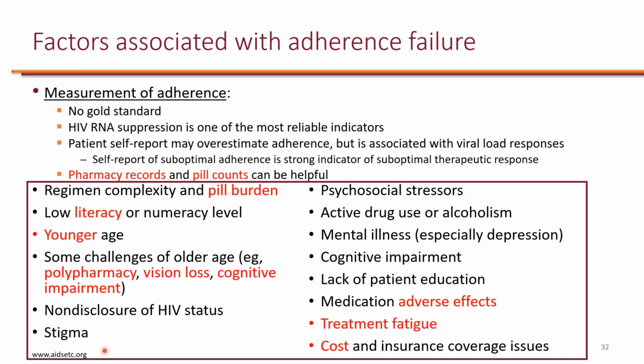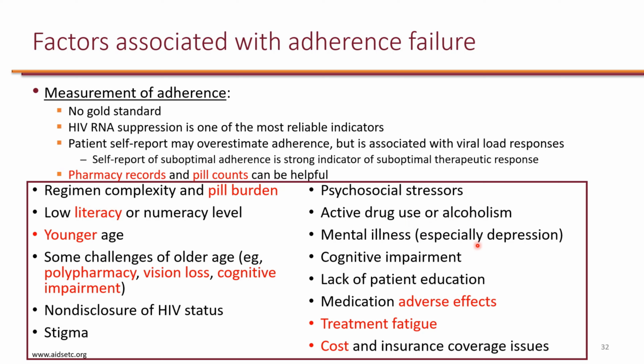Other things include stigma, so some people may not want to have their friends know that they're taking this medication, so they may want to hide it. They may not have the opportunity to take it. Other psychosocial stresses, especially active drug use or alcoholism, can reduce adherence. If somebody's under the influence, they may not necessarily think, oh my God, it's time for me to take my pills. They may be doing other things and not be aware of it.